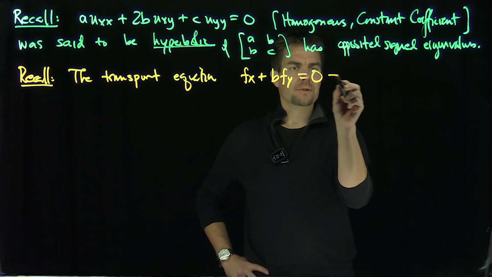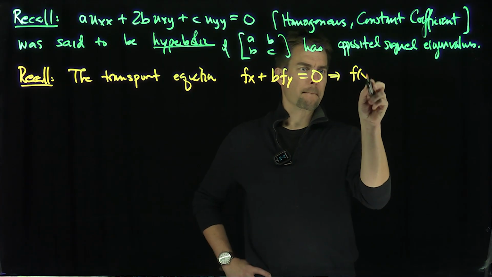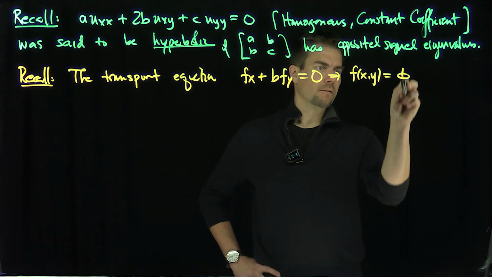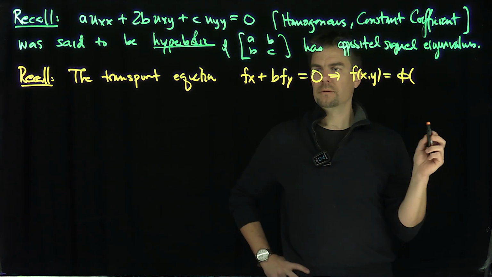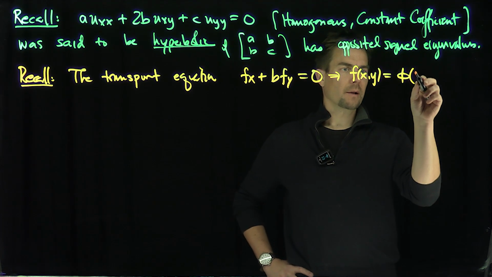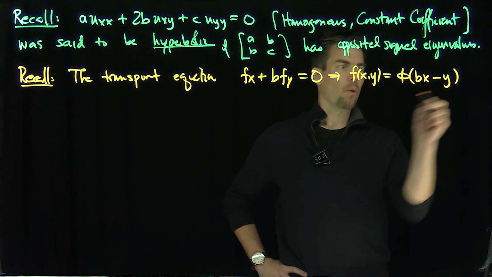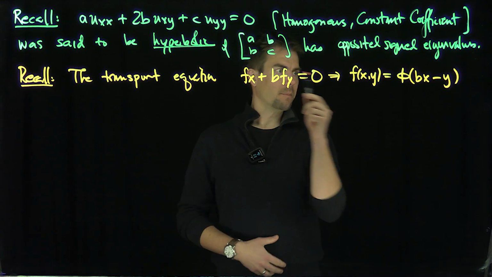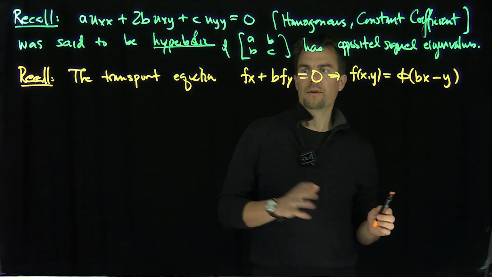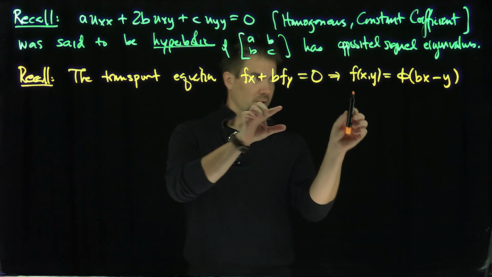And so how can I solve this? The solution to this, f of x,y, is just an arbitrary function phi. And then if I do a y derivative, it has to have a b. So I'm going to have b x minus y. Let's check to see if that works. Well, if I do a y derivative, I'm going to get a -1, x derivative of b, it works out fine, right? So in other words, the solution of this problem looks like this.